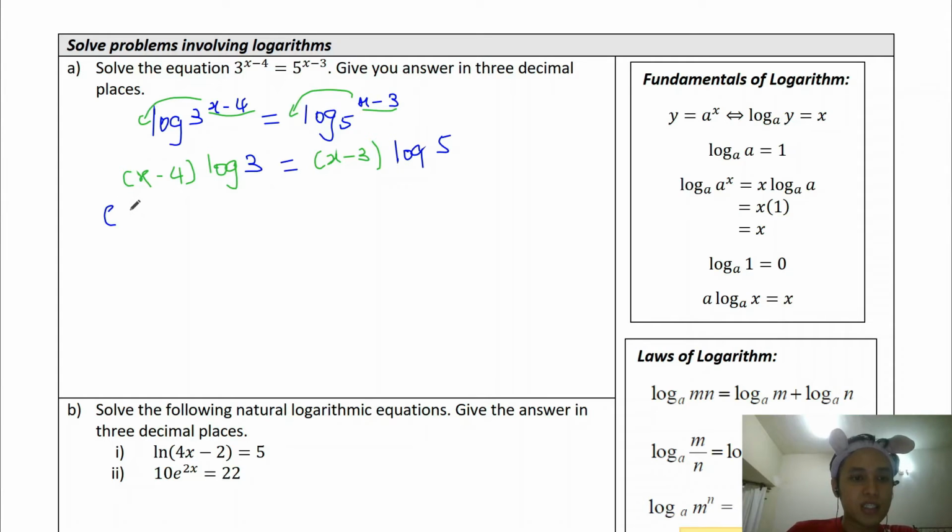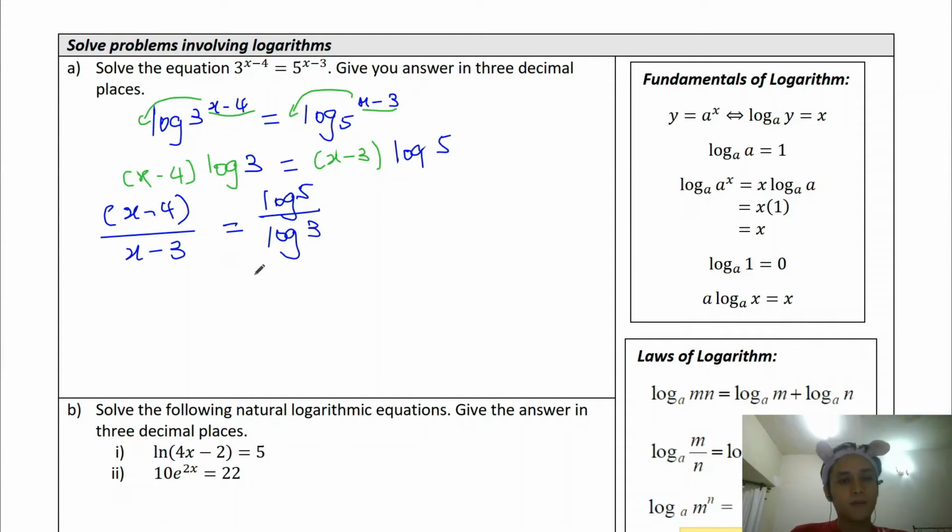So meaning I do like this, x minus 4 over x minus 3, and then log 5 divided by log 3. And then they calculate what they call log 5 divided by log 3.